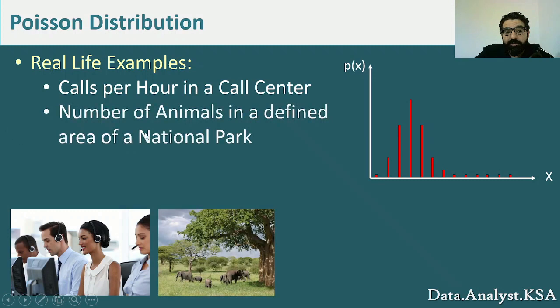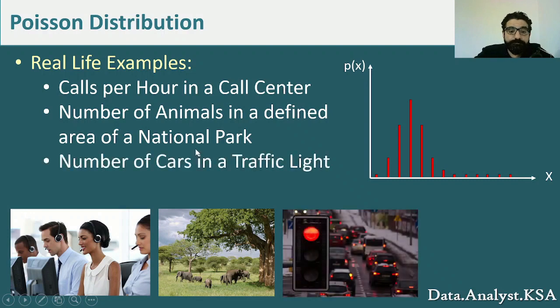So it's calls per hour, or the number of animals in a specifically defined space or area. If I'm talking about 1 square kilometer of a national park, I want to count the number of animals that I see in this area. And I can use my inference from the Poisson distribution to see if the numbers of animals are increasing or decreasing in the wild and so on.